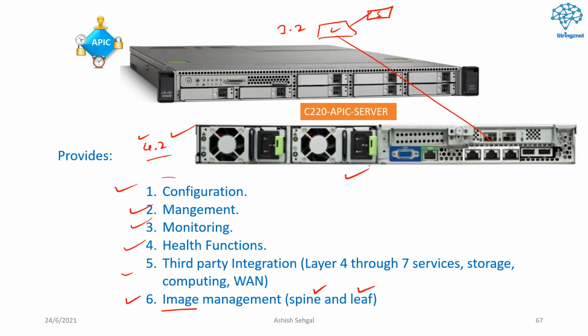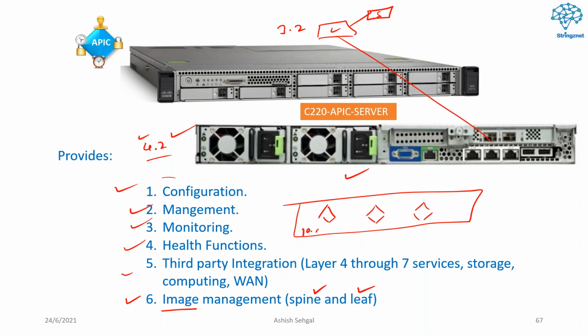So considering its importance, though it is not participating in control plane and data plane, it is really very important to be there. And that's the reason Cisco has suggested that you should have a minimum of 3 APIC controllers in your production environment. And Arun, when you ask a question, are they in active state? Indeed, yes, they are all in active state.